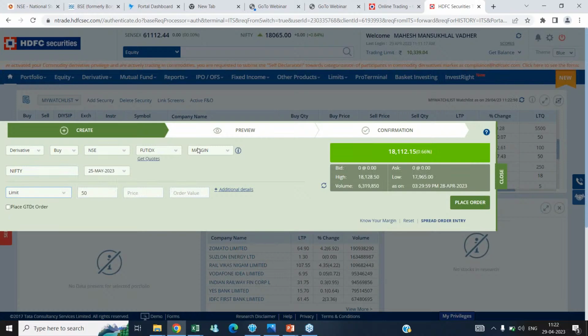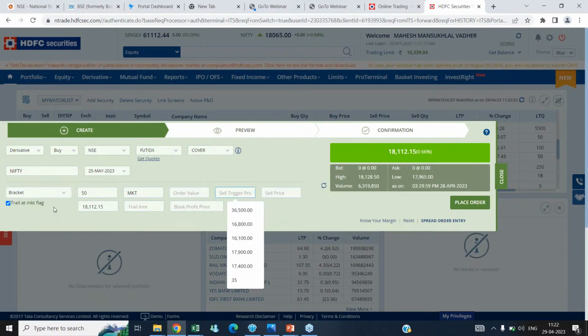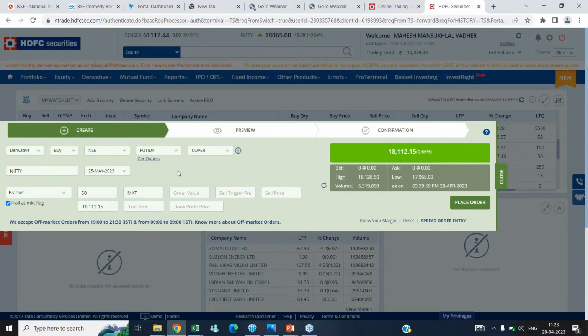And here, to place the bracket order, under margin you need to select cover, and under market you need to select bracket. Once you select this, you will be asked to place a book profit price and also your trigger price and the limit price, that is the stop loss.